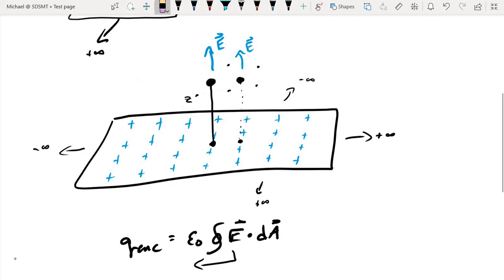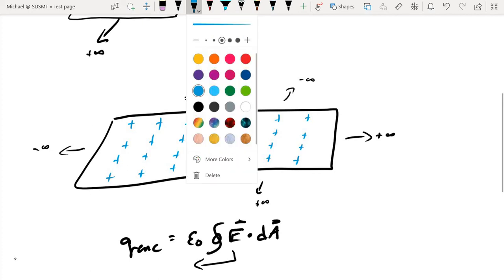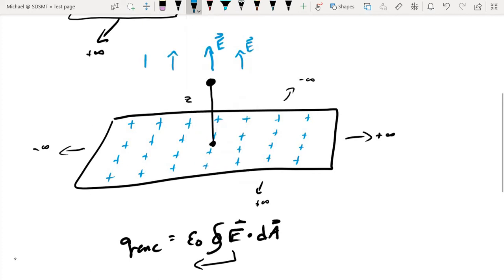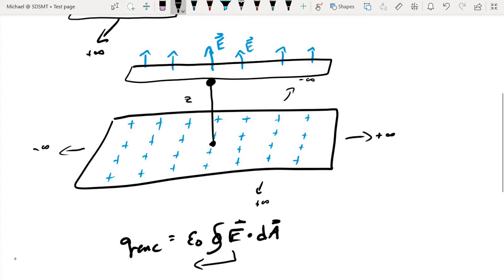Well, the infinite sheet of charge that we're using here is effectively going to produce an infinite sheet where our electric field lines are uniform. So basically everywhere a distance of z above our sheet of charge is where we have our uniform electric field values.